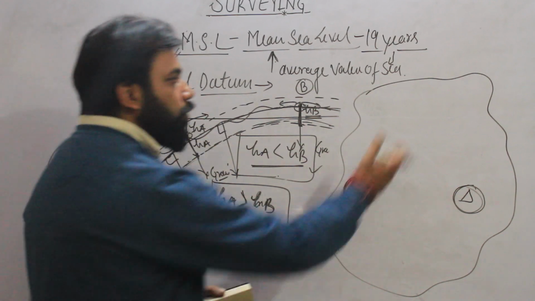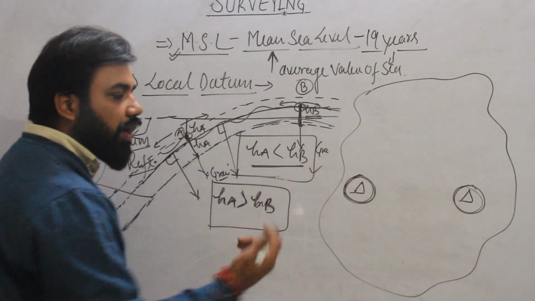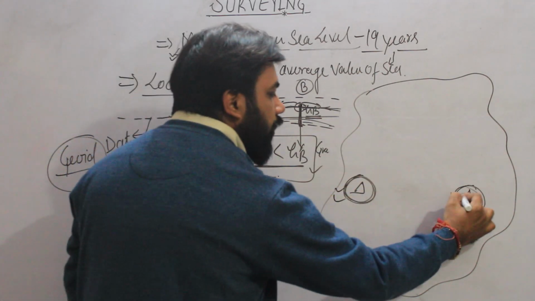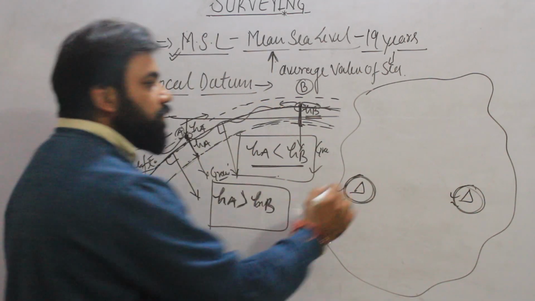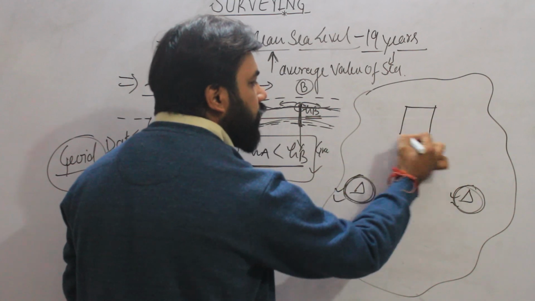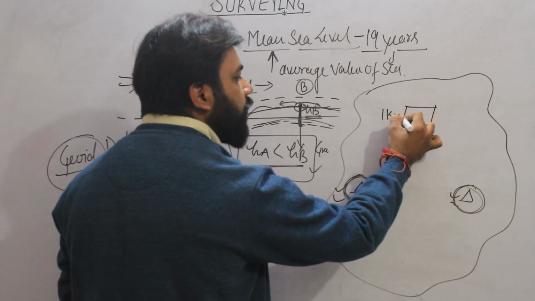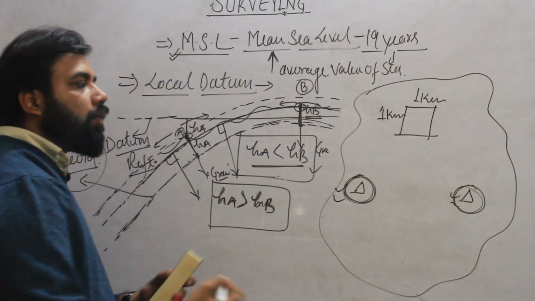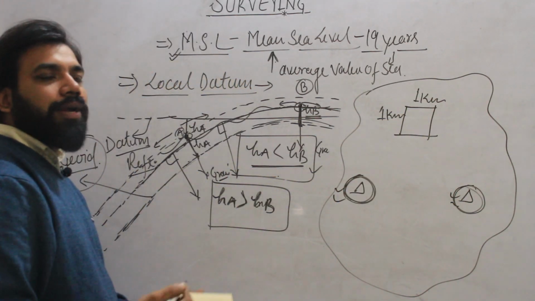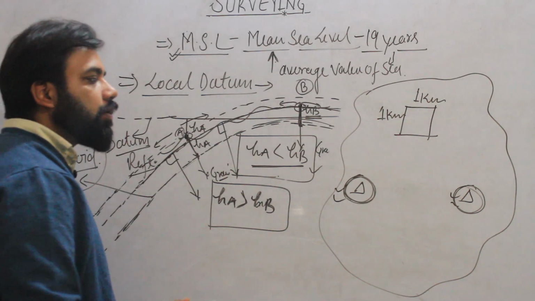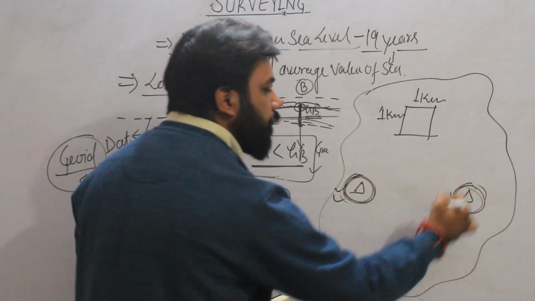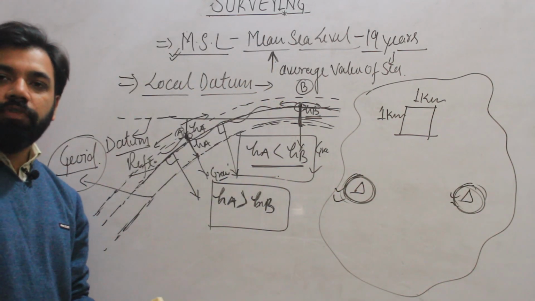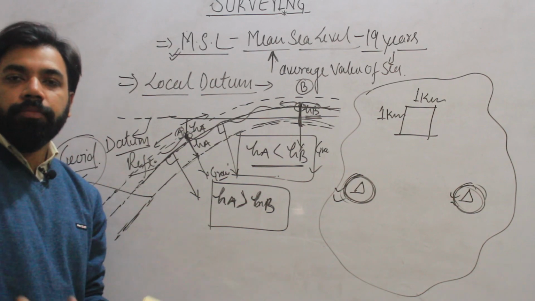or it is very difficult to take a reading from mean sea level for a short survey area. Suppose this area of survey is very big, so we have already established 2 points. Now suppose it is an area of 1 kilometer by 1 kilometer, my area of survey is this, and now I want to establish a datum with respect to these 2 points. So that datum will be referred to as local datum.